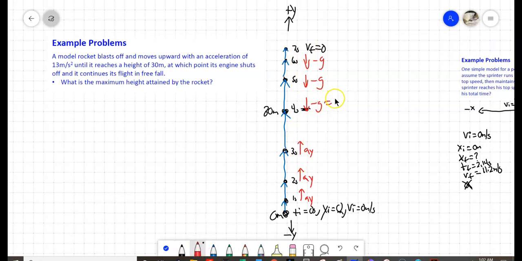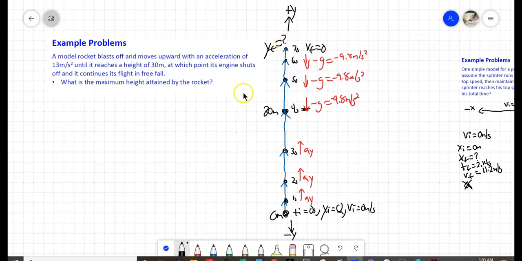Just like that last problem, we have to apply two different types of motion. One where it's speeding up as it's moving upwards, because its velocity and acceleration vectors are in the same direction, and one where it's slowing down as it's moving upwards to come to its highest height at some final y.